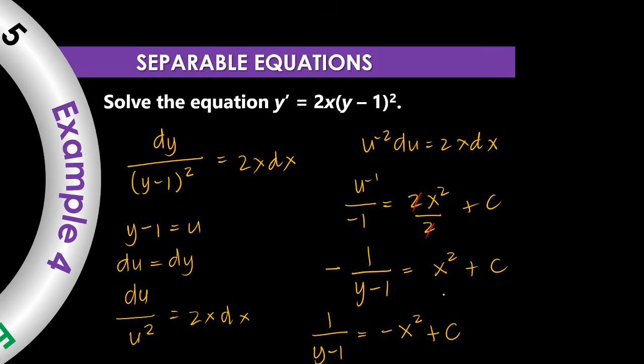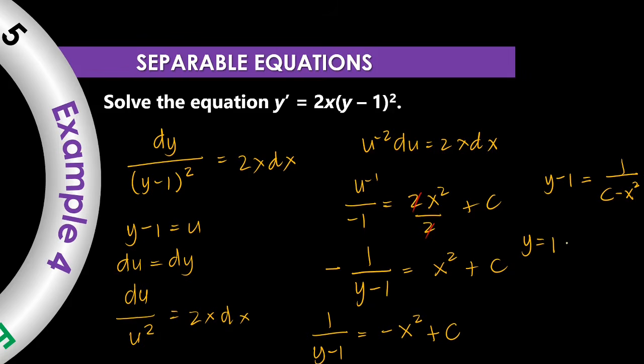Now we can multiply both sides of the equation by y minus 1 and divide by negative x squared plus c. So we will get y minus 1 equals 1 over c minus x squared. And finally, solve for y. Okay, itong 1 na ito, ilipat mo doon.